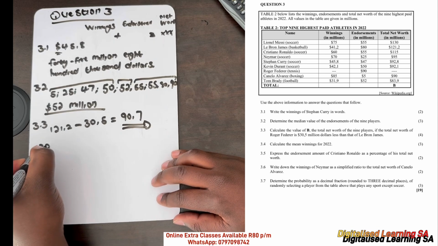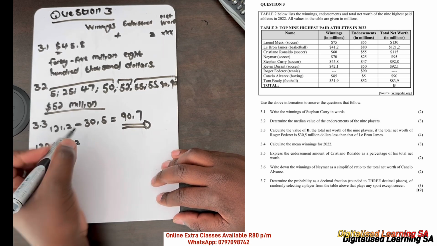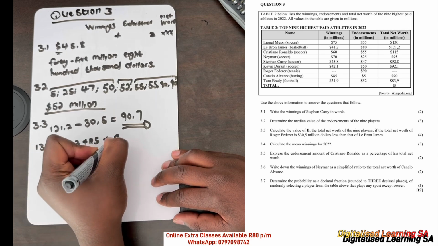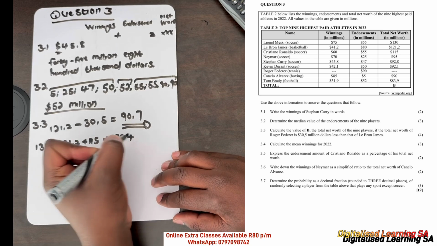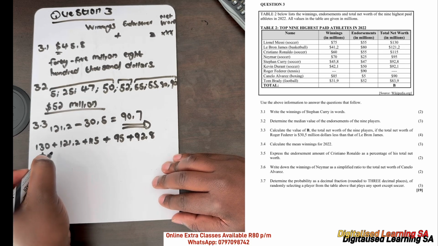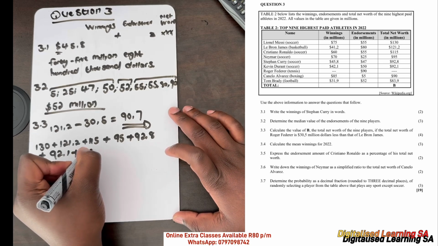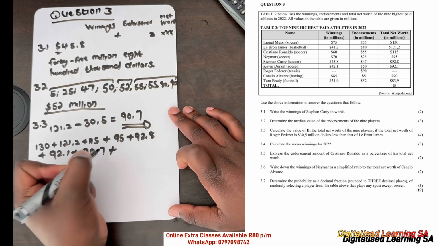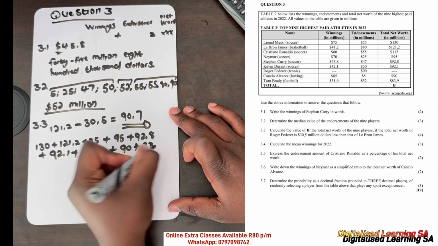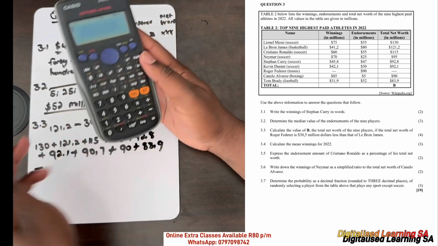So we are going to add 130 plus 121.2 plus 115 plus 95 plus 92.8 plus 92.1 plus the one that we calculated for Roger Federer, which is 90.7, plus 90 plus 83.9. Okay, so let's go ahead and calculate this.